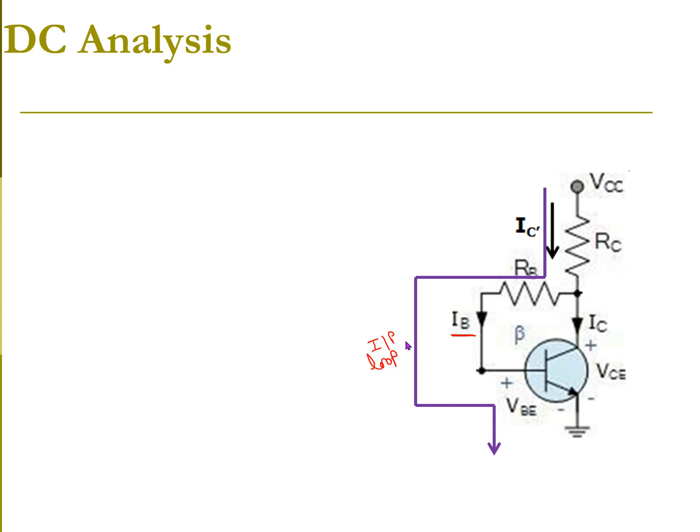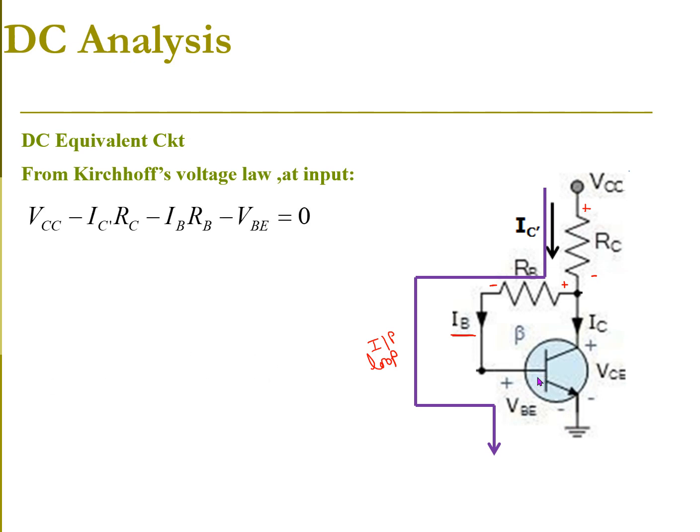So, we start with VCC minus IC dash into RC, coming over here, minus RB into IB minus VBE is equal to 0. This is the equation after applying KVL at the input loop.